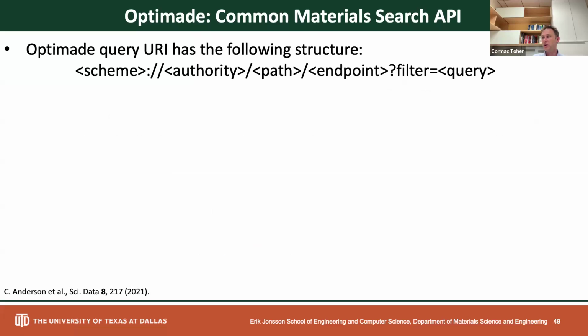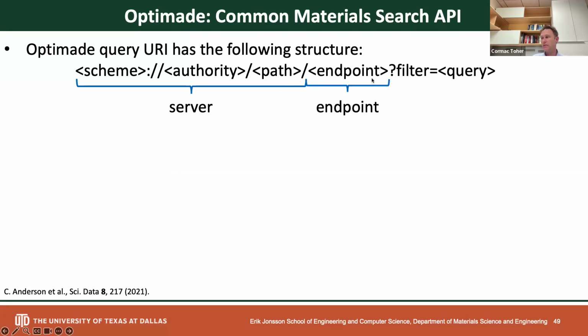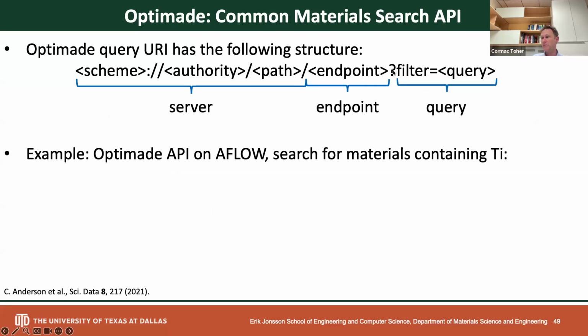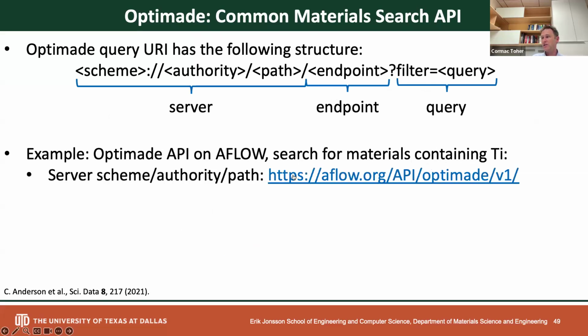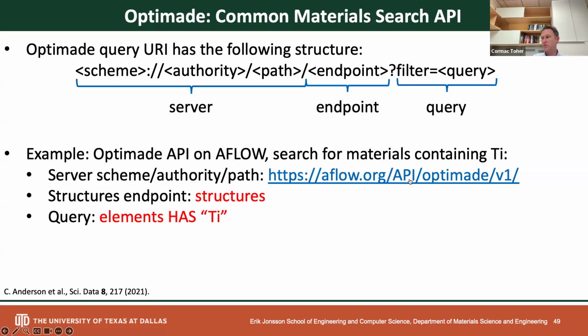The Optimade URI has the following structure. Again, you have the scheme, authority, path, similar to AFLOW. Then you have an endpoint, which will be structures or calculations. Then we have our question mark, and then we have the query. So for example, if we want to do Optimade and AFLOW, and search for materials containing titanium, you would do https://aflow.org/api/optimade/v1.